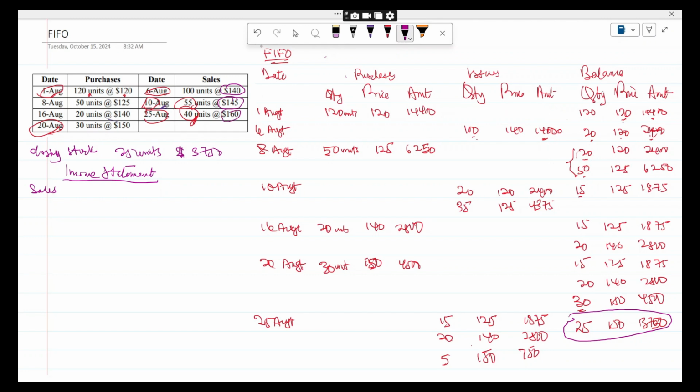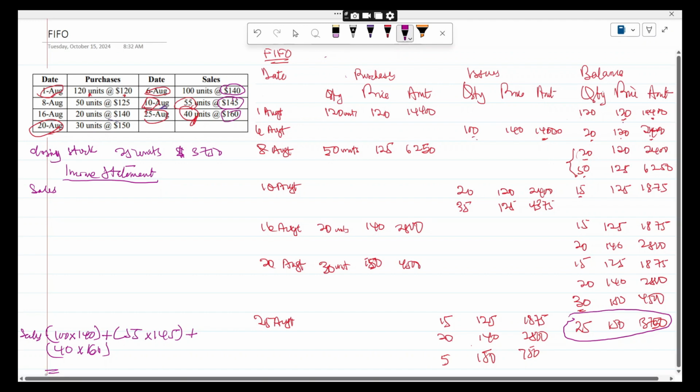So to calculate your sales, we compute 100 units by 140 plus 55 units times 145 plus 40 units times 160.